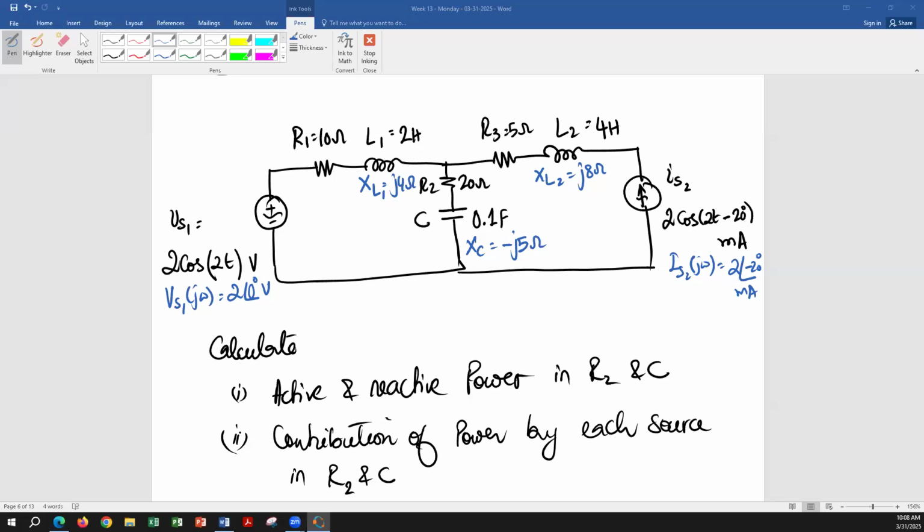So polar to rectangular, pol2rect, 2 milliampere, 10 to the power negative 3, angle negative 20 degrees. Yes, Is2.